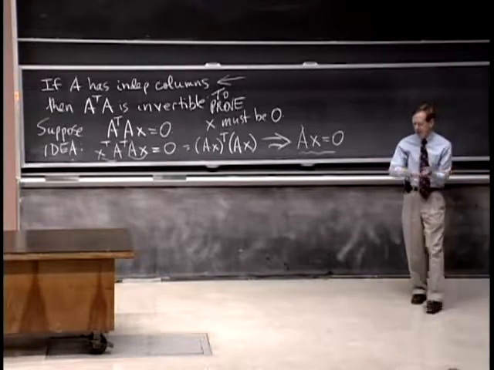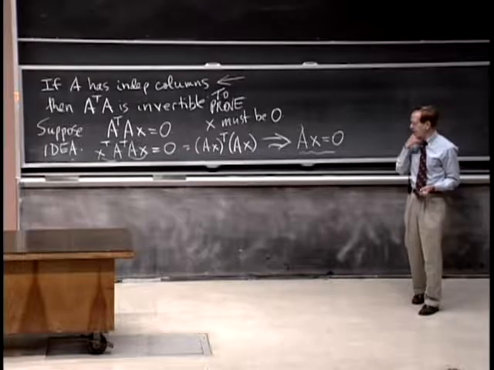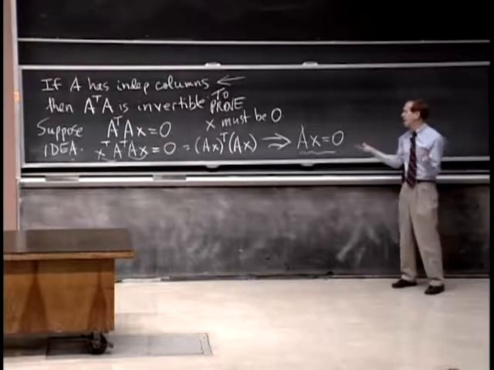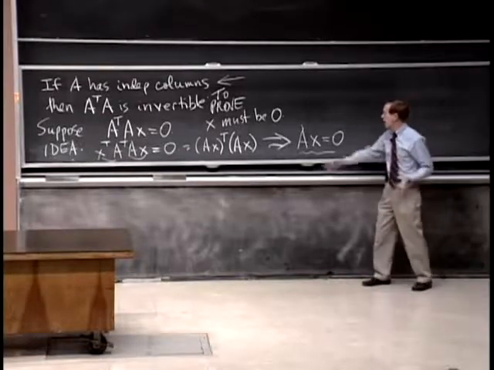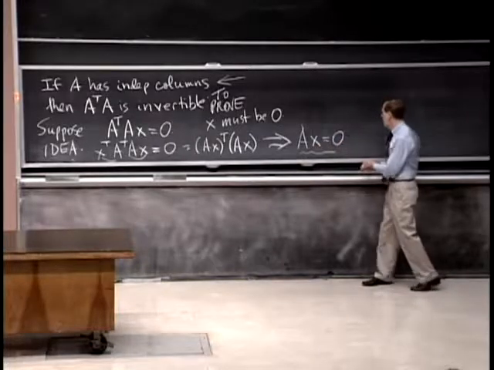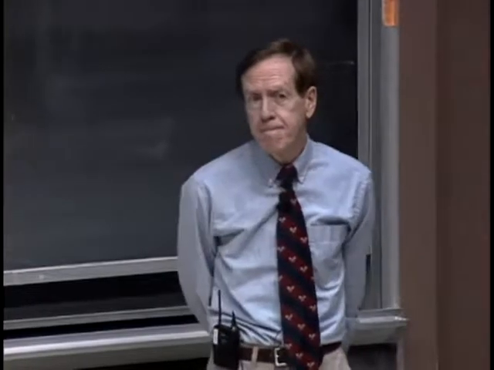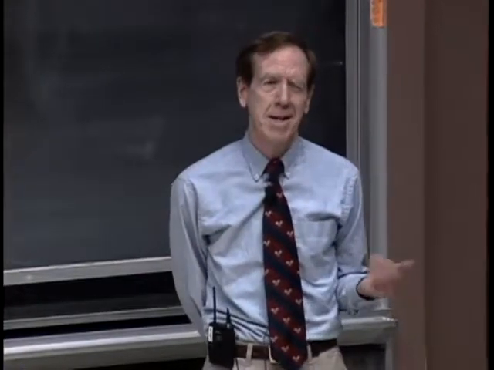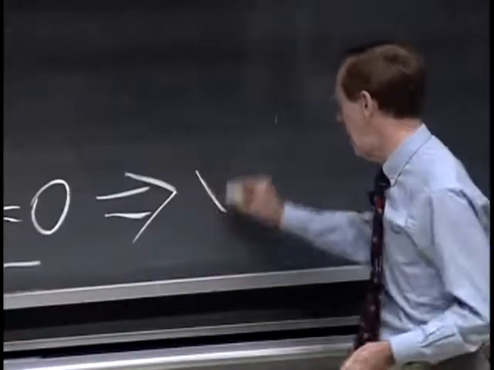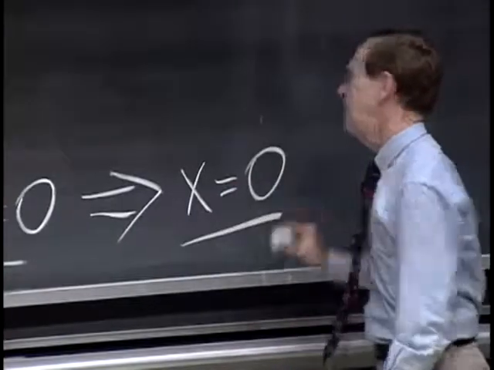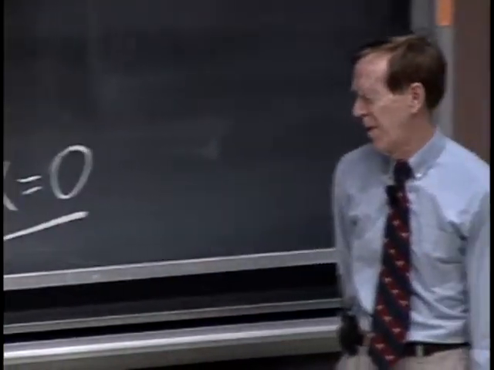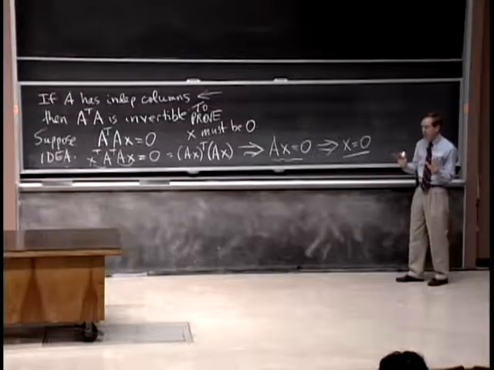That could be a fill-in question on the final exam. If A has independent columns and if Ax equals 0, then what? Please say it. x is 0. Right. Which was just what we wanted to prove. Do you see why that is?